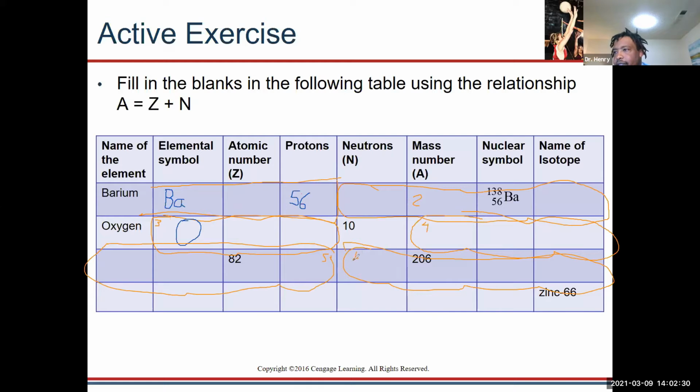Group 6. Group 7. And then we'll do group 1 again.